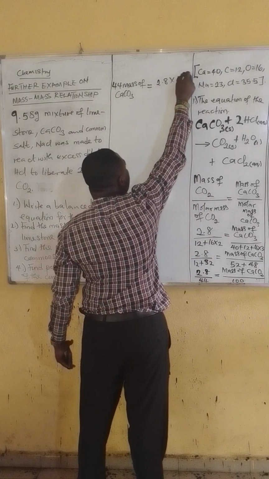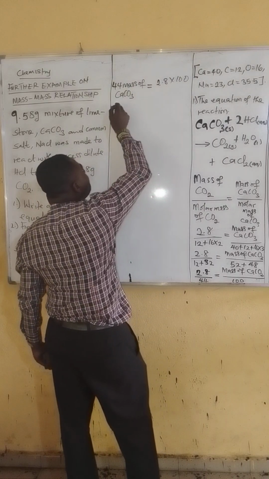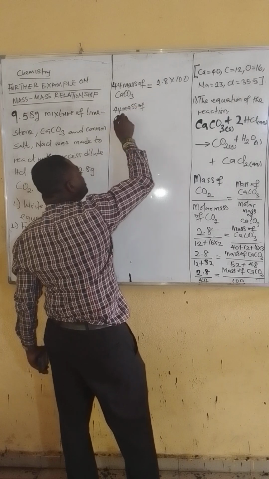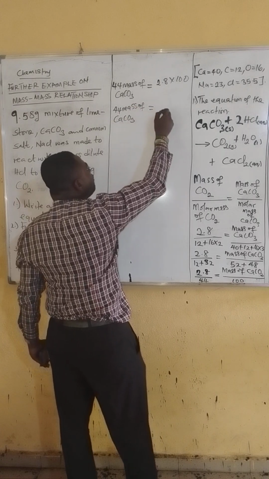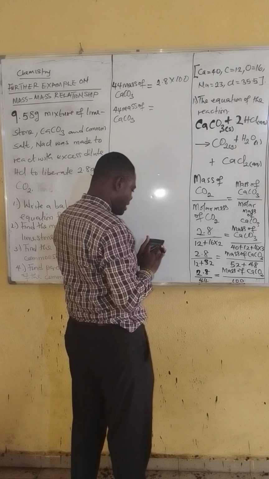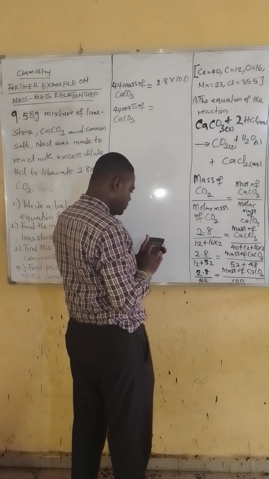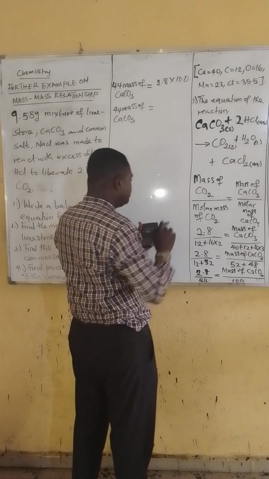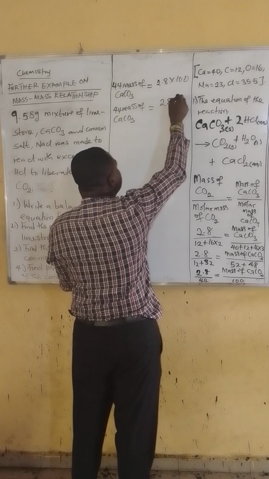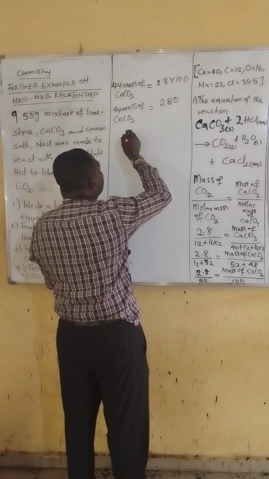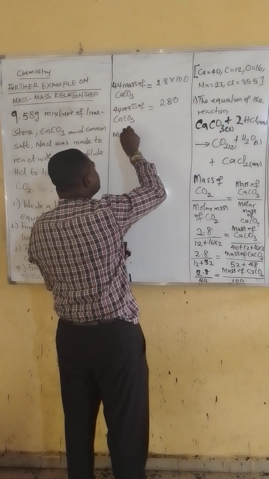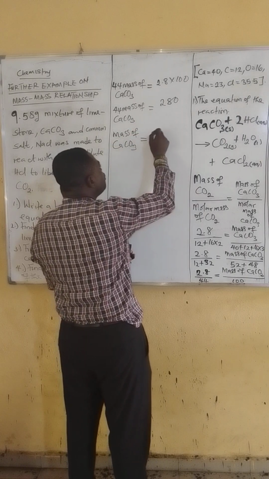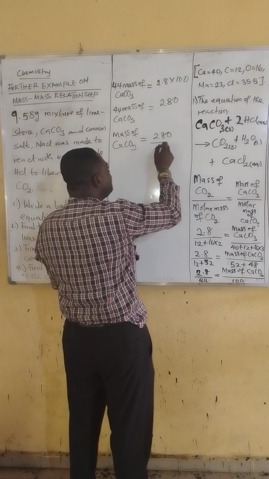So we have 44 mass of CaCO3 equals 2.8 times 100. Answer is 280. So we divide those by 44. We have mass of CaCO3 is equal to 280 divided by 44.